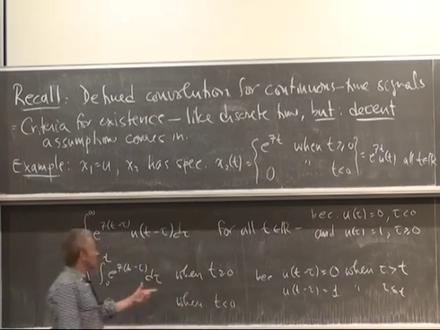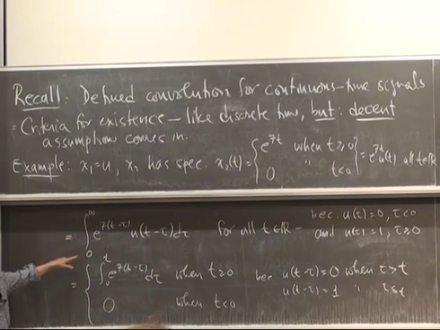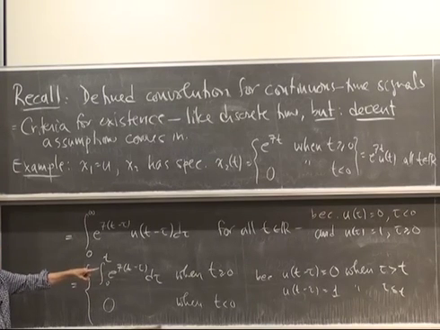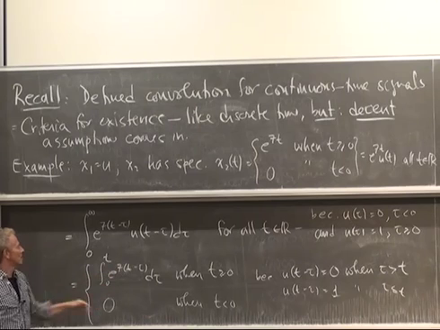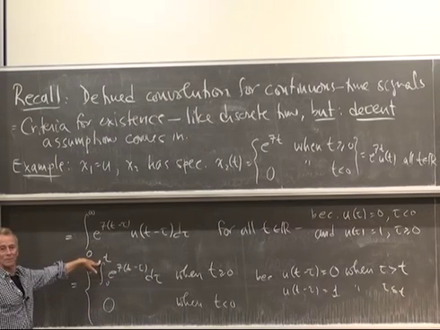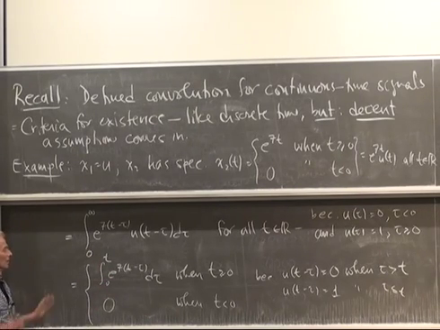And when t is less than 0, tau is never less than or equal to t over the range of integration 0 to infinity. So you're always at 0. When t is bigger than 0, the u of t minus tau is 1 for a while, but not forever. OK? So that's the hard part.